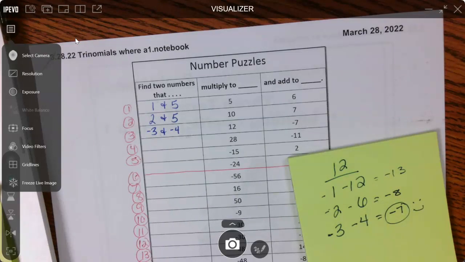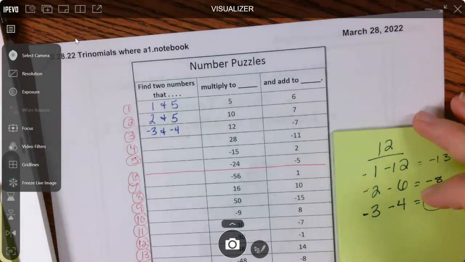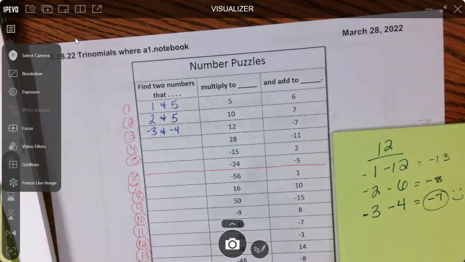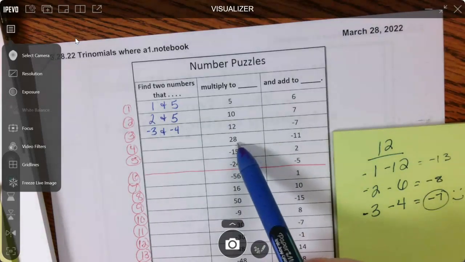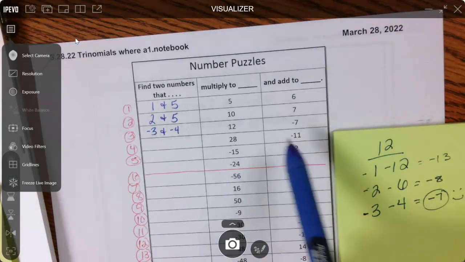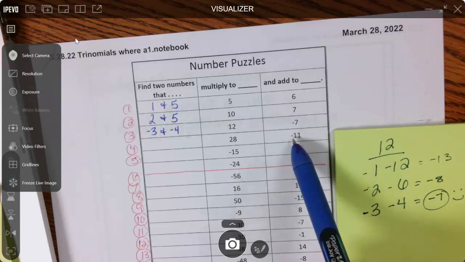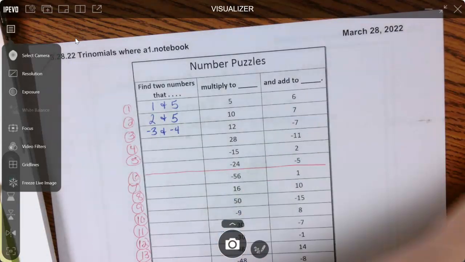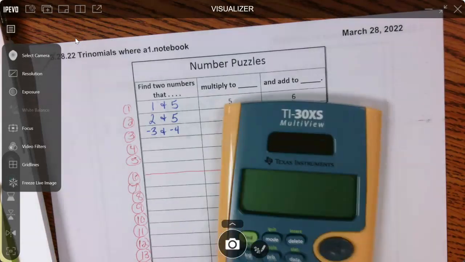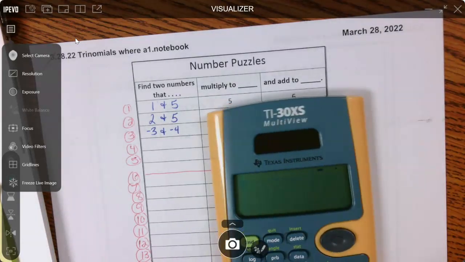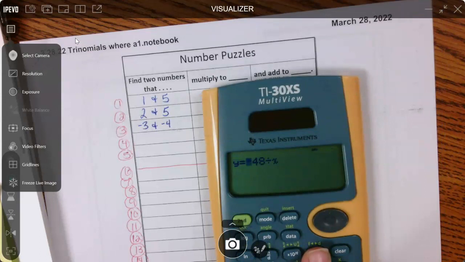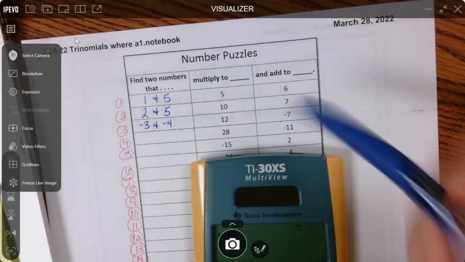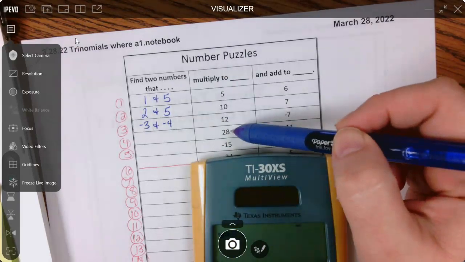And there is an easy trick on the calculator I'll show you. So let's look at our next example. We need to find two numbers that multiply to 28 and add to negative 11. Well, you need to find the factors of 28. So if you go to your table, clear that out. You want to take whatever number you're trying to multiply to, in this case 28.